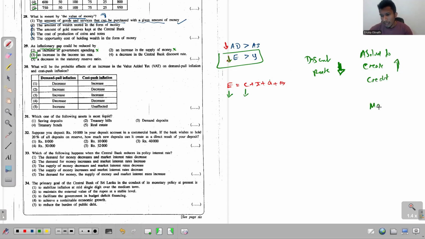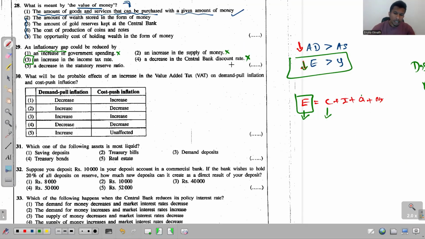As a result, again, money supply increases, the bank interest rates get reduced. So once again, consumption increases, investment increases. As a result, aggregate expenditure will increase. So that cannot be the answer then. Right. So that is also wrong.